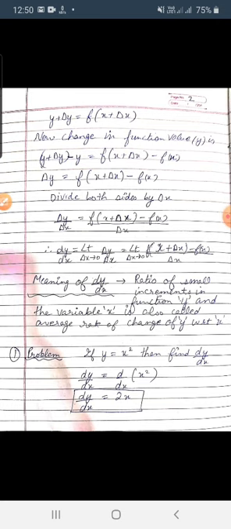Because when we differentiate, the power is shifted in front of the variable x, and the power is decreased by 1, that is 2x to the power 2 minus 1 is equal to 2x to the power 1, which is 2x. So the answer is 2x.